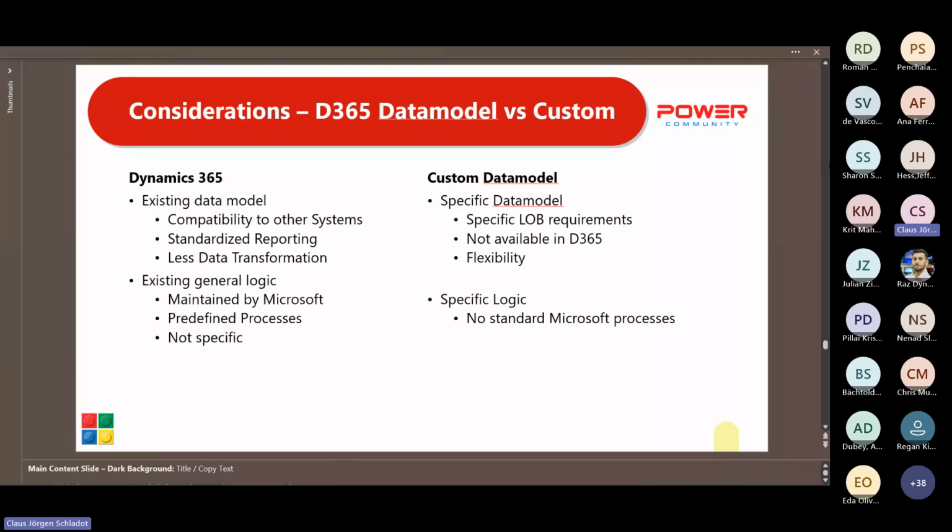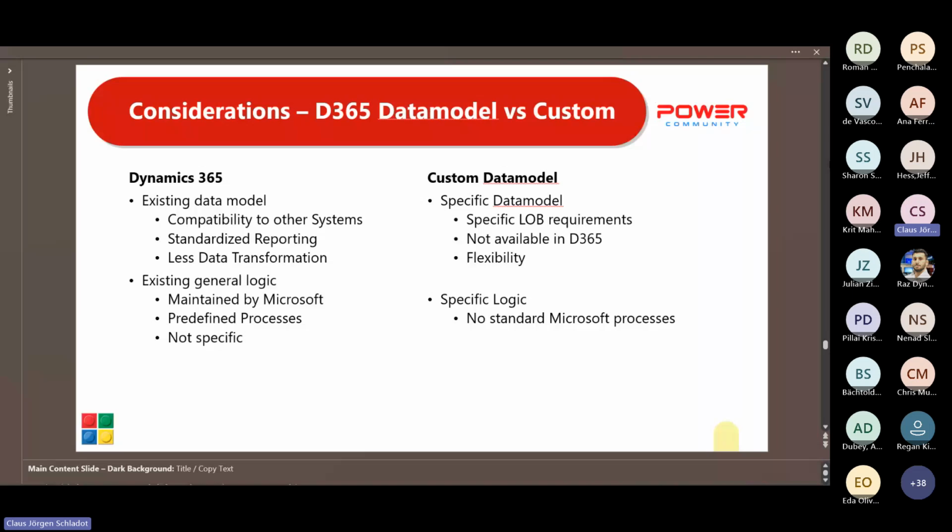If you have an ERP system or other Dynamics systems on other environments, they have the same columns, they have the same specifics of field lengths, of option sets that are available. So it really makes it easy to reuse it for standardized reporting. And if you need to move data between different systems, you might have less data transformation.